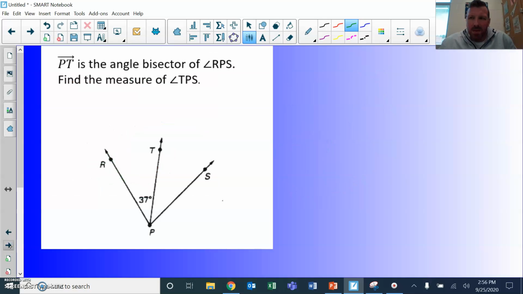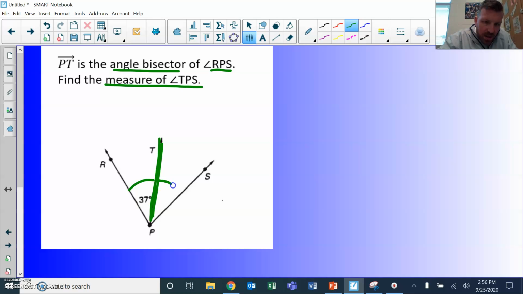All right, ray PT is the angle bisector of RPS. I know what that means. It means cut in half. We're going to find the measurement of TPS, right? So this is bisecting that, which means this and this are the same. Like I said, if I wanted to give you half the pizza, I'd cut it in half.